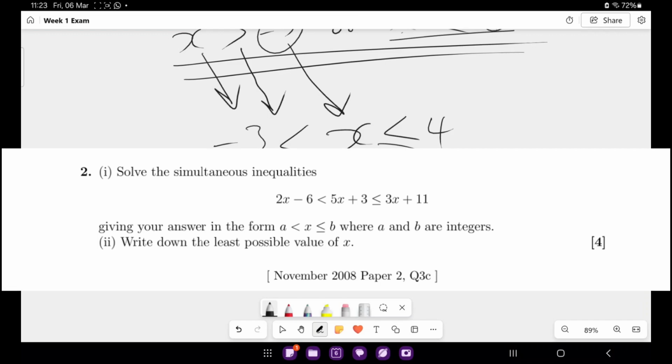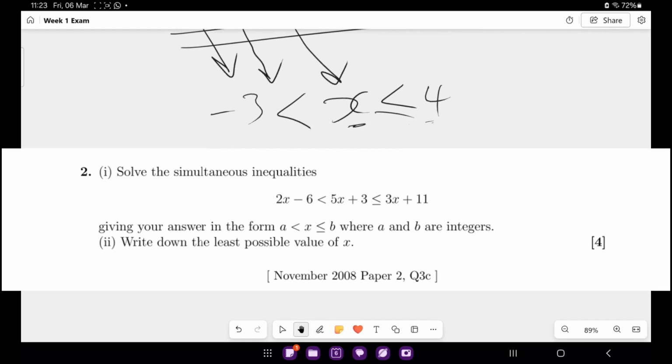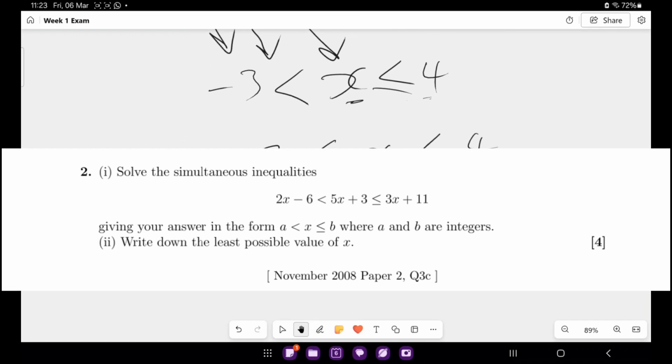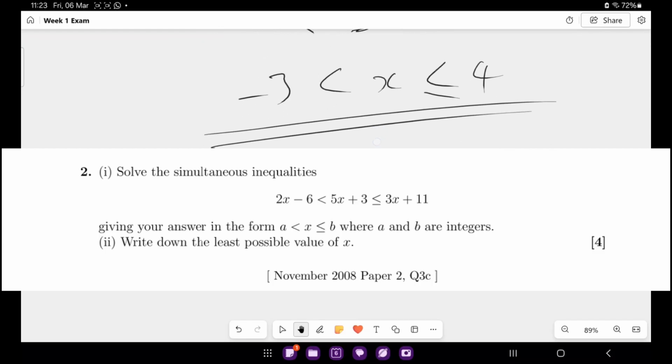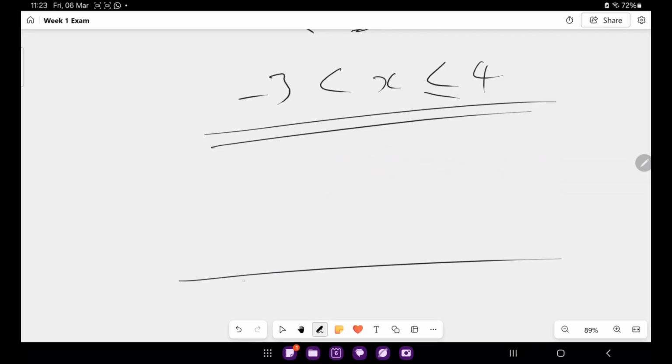Item 2 states, write down the least possible value of x. Least possible value of x. So now we're thinking, okay, we can draw another line here, and then we write from minus 3 to 4.